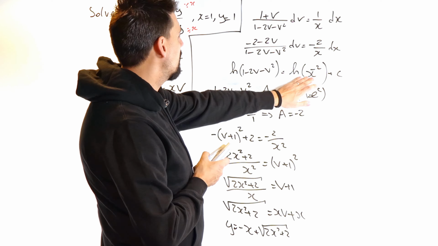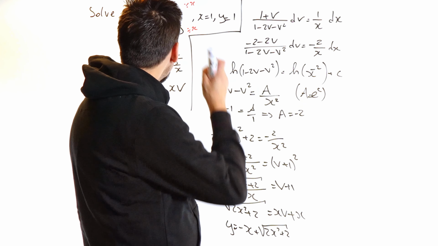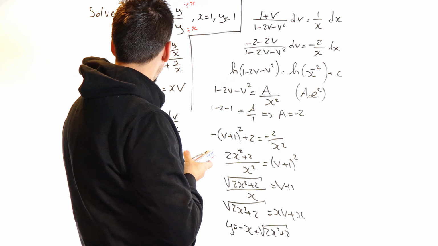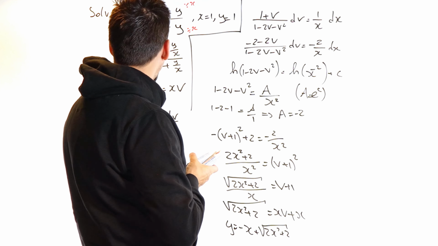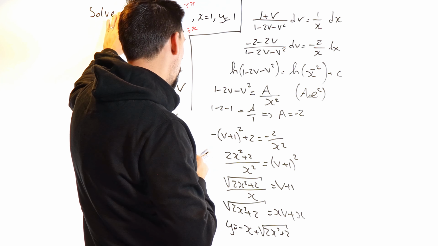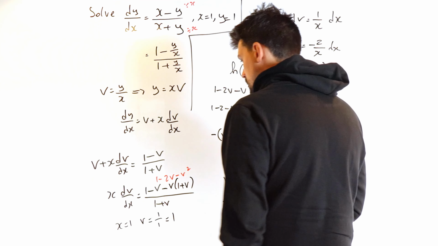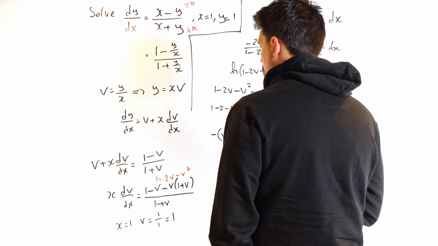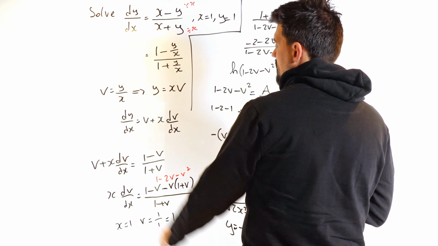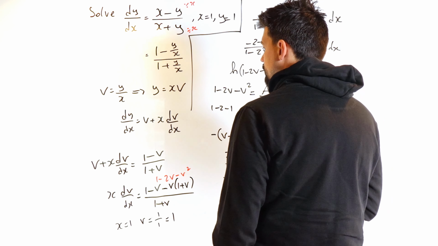And again, we have a little issue here when x is 0 anyway. So maybe x can't be 0? What will happen when x is 0? When x is 0, dy dx should be minus 1. But v would be 1, so x can't be 0, so that doesn't work.